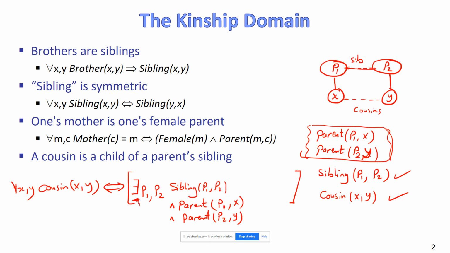So that's now the condition as a whole. Put this here. Is there anything missing? Yes, so that's now the condition. So x and y will be cousins if and only if there exist two persons, P1 and P2, such that P1 and P2 are siblings, and P1 is the parent of x and P2 is the parent of y.